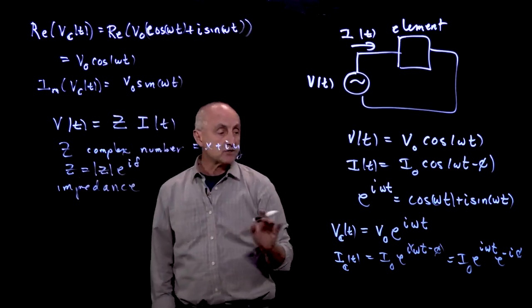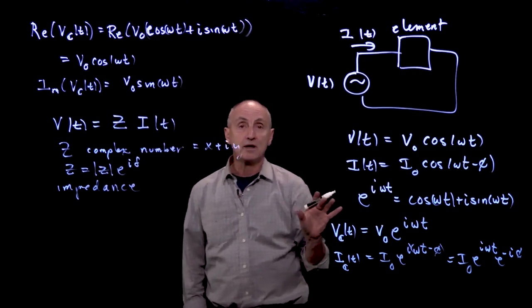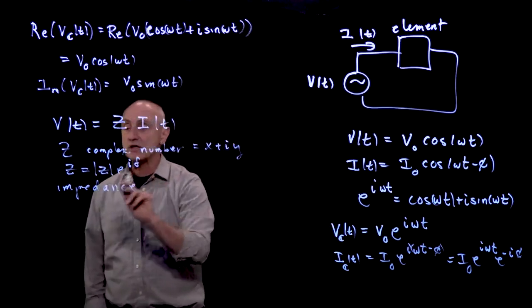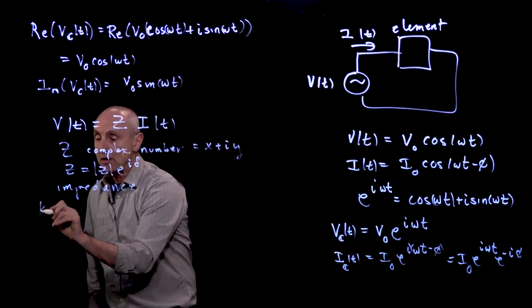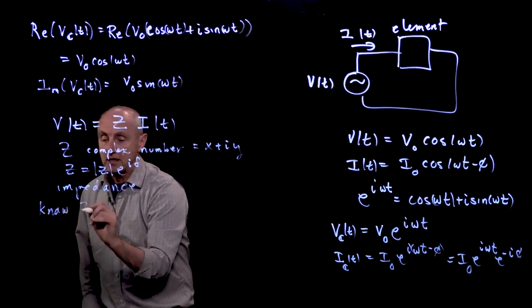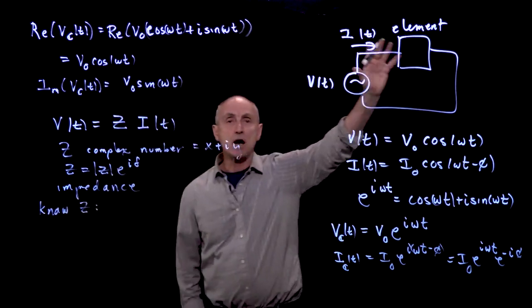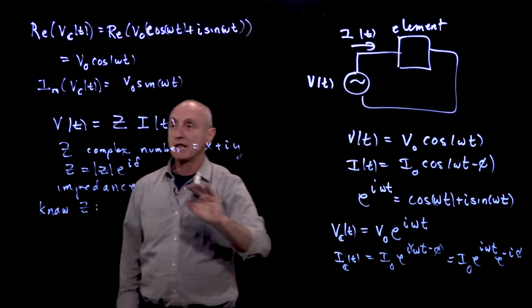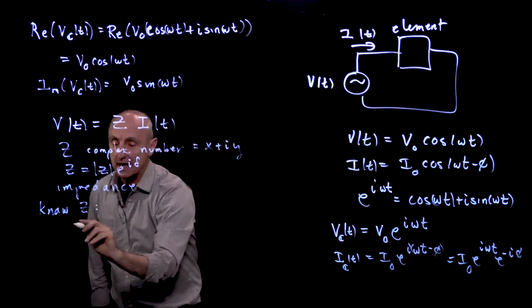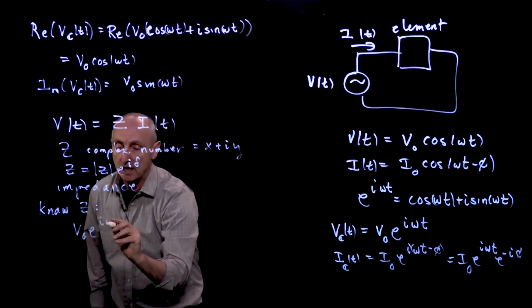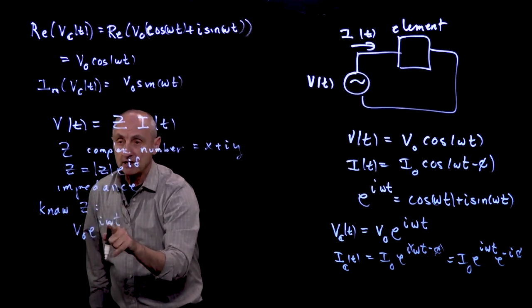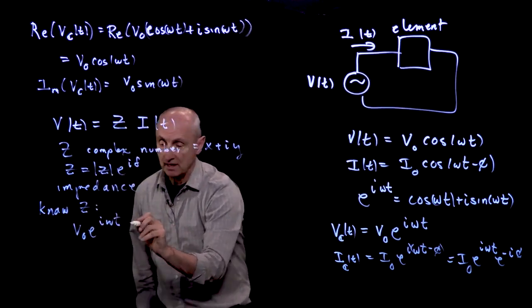Now, let's just solve our problem. If we know Z for any combination of circuits, then we can write our equation as V naught e to the i omega t. Remember, this is where the time dependence is.